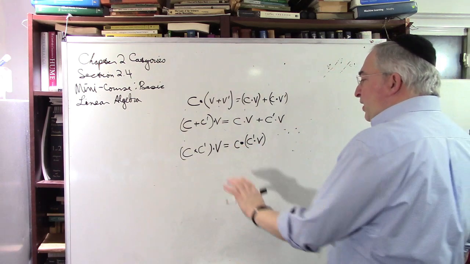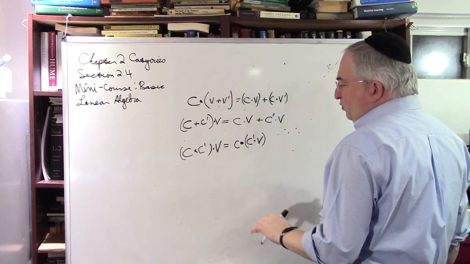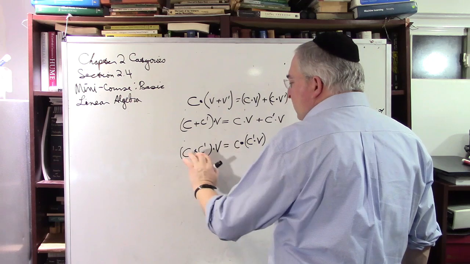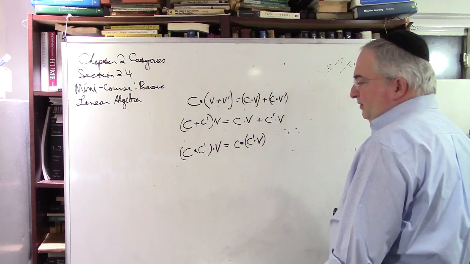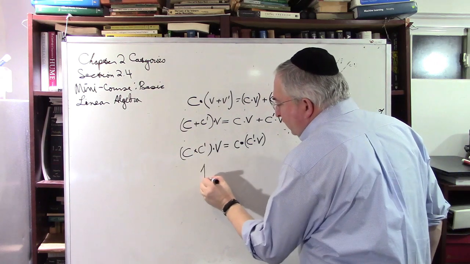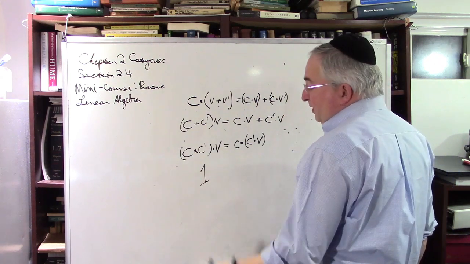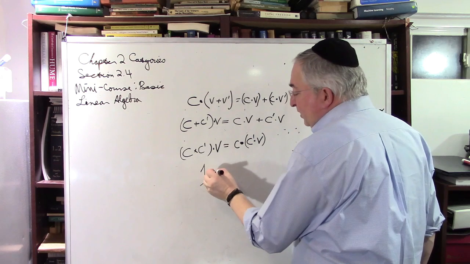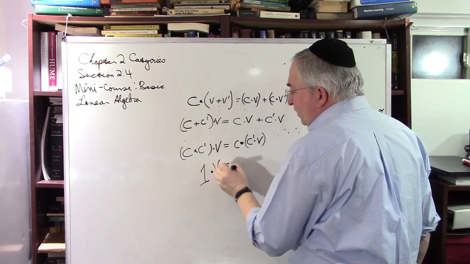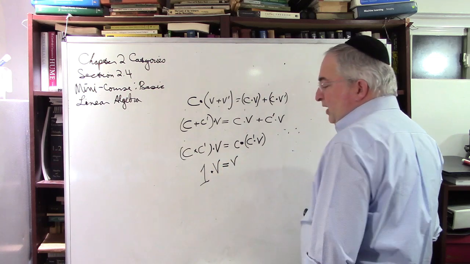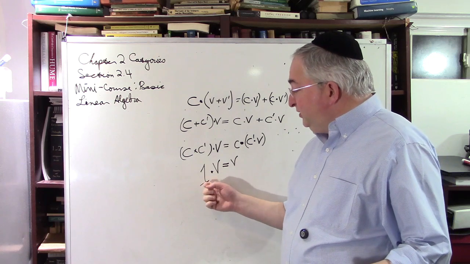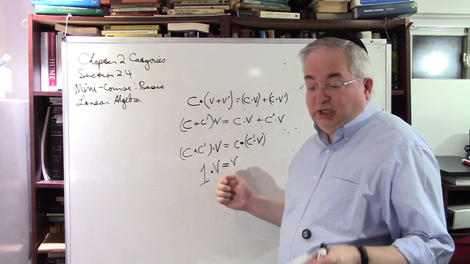Okay, so it's kind of an associativity rule, but again, you have to understand you're dealing with two different things. V is a vector, C and C prime are complex numbers. Okay, one more rule. 1, that's a complex number. It happens to be a very trivial complex number, but it is a complex number, 1 times V is equal to, that's a little v, is equal to little v. In other words, scalar multiplying it by 1 really doesn't change anything.